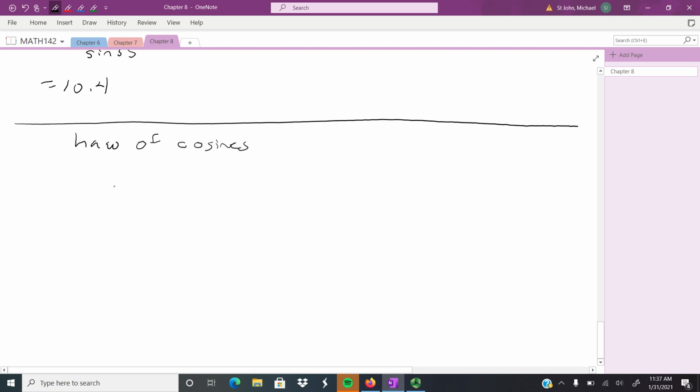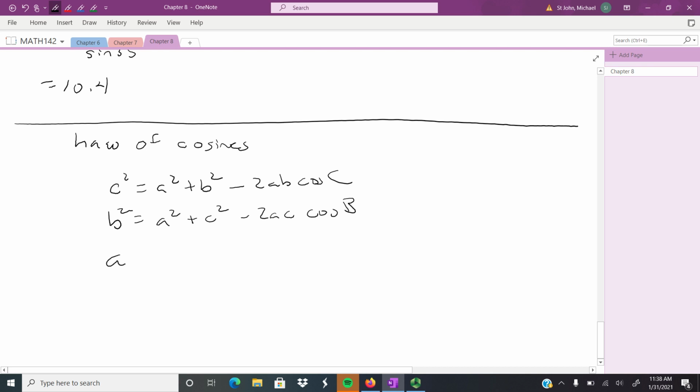Here we get c squared equals a squared plus b squared minus 2ab cosine of c, or b squared equals a squared plus c squared minus 2ac cosine of b, or lastly, a squared is b squared plus c squared minus 2bc cosine of a. So those are the three possible ways I can write it.